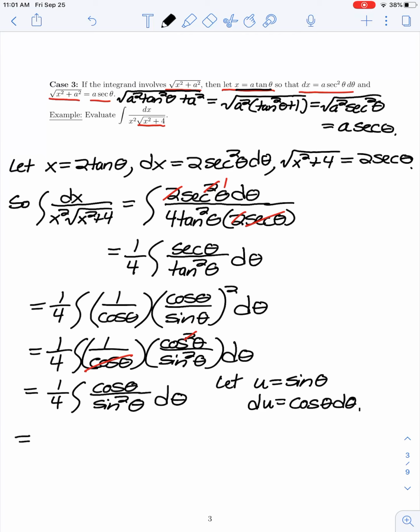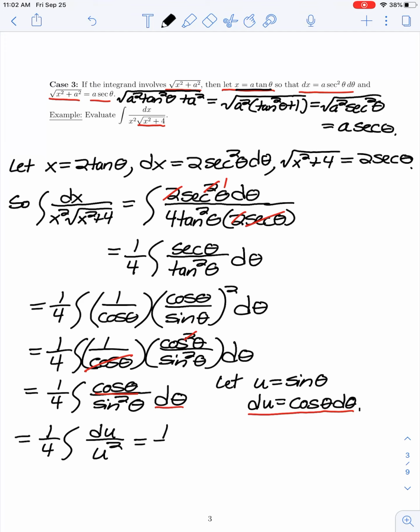Rewriting our integral in terms of u, we have 1/4, and our numerator was cosine of theta d theta, which is simply du, divided by sine squared of theta, which would be u squared.